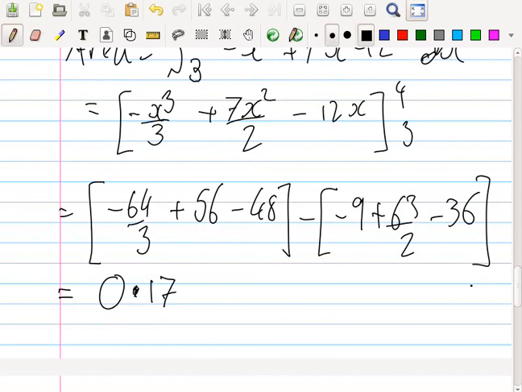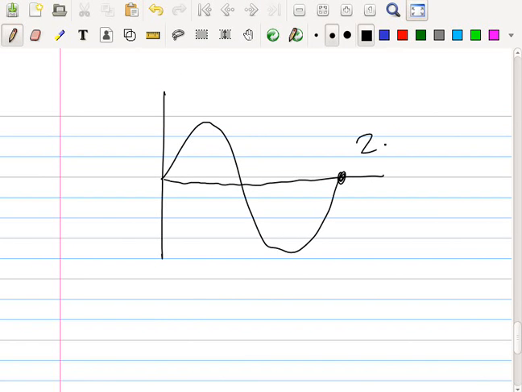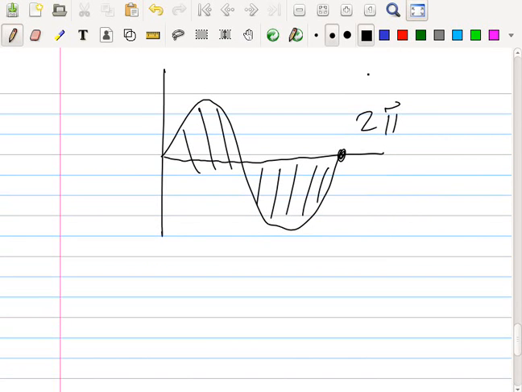Okay. Let's have a look at another example. So now let's look at one where it's negative. I want this area here.